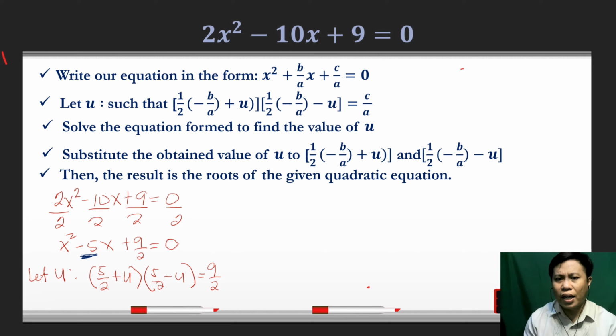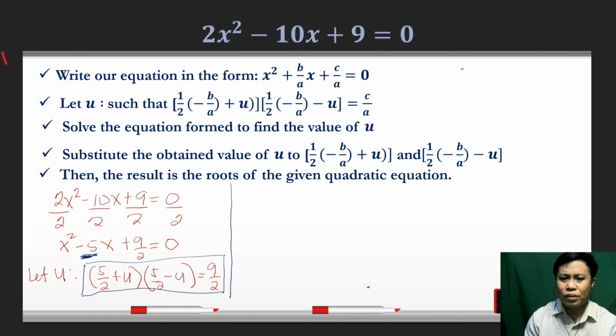Okay? Then, we have to solve this equation to find the value of u. So, you can use the FOIL method or distributive property. But, as I said, this is a special product.